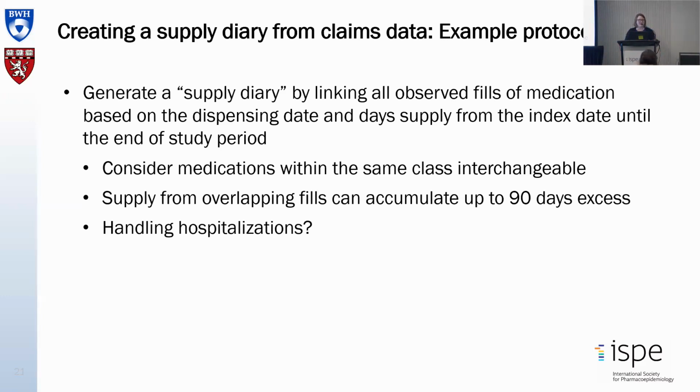And so we'll say, okay, if they filled another blood pressure medication, we're going to consider it interchangeable. So if someone started on atenolol and they moved to metoprolol, we're going to say they're not taking both of those at the same time. Add those together in the supply diary, consider them one long string. So there are different processing steps you need to apply in order to really think about whether you're measuring adherence appropriately.